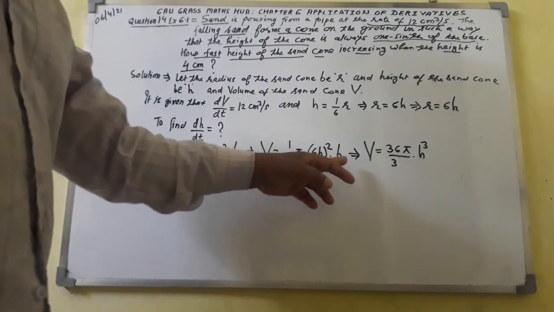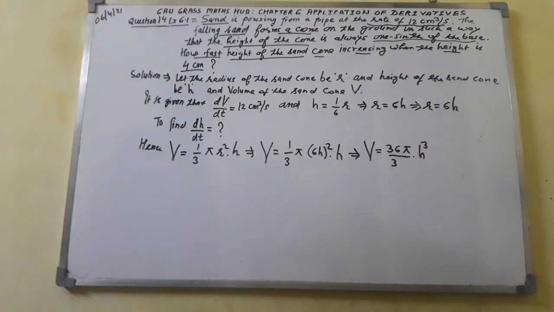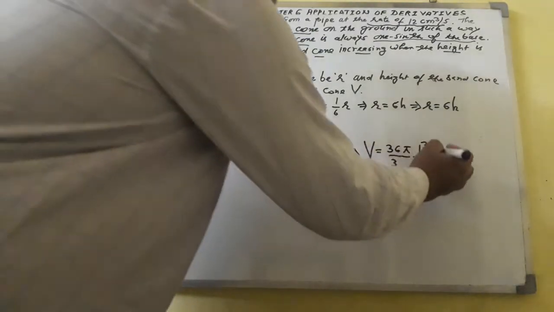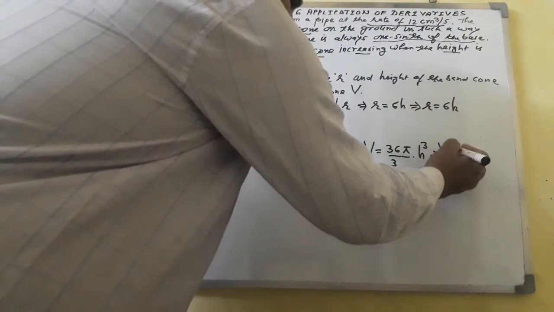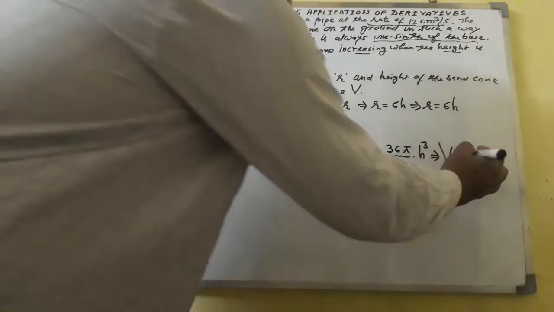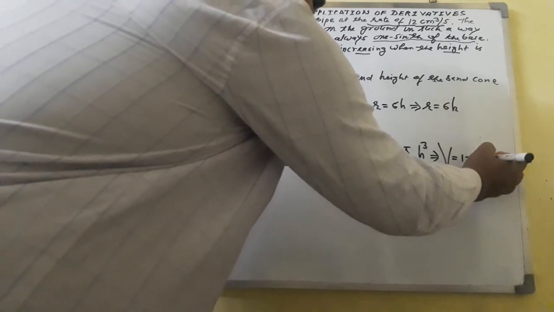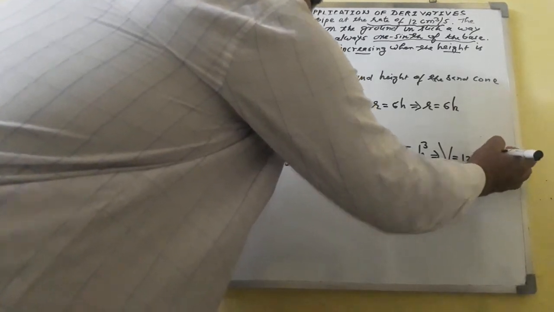H square will multiply with h, comes out to be h cube. So we get capital V is equal to 12 pi h cube.